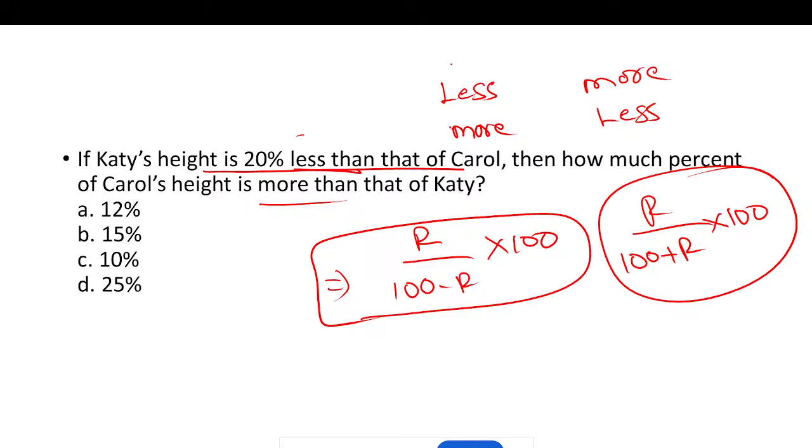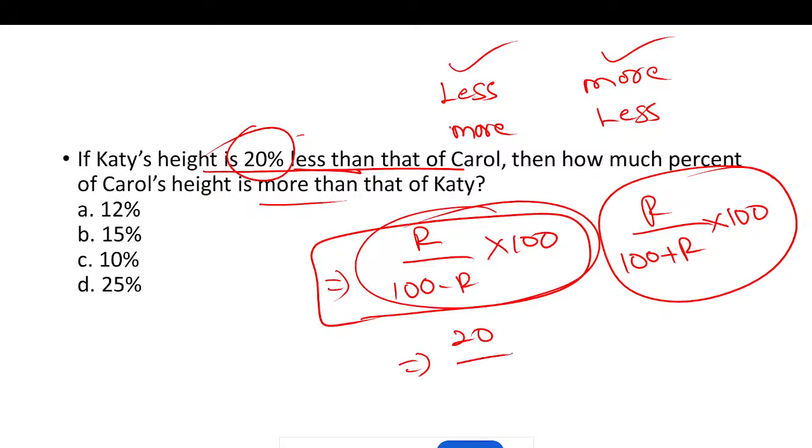Here the first condition is less and then more, so you have to use this one. R value is 20 percentage. 20 by 100 minus 20, nothing but 80 into 100.